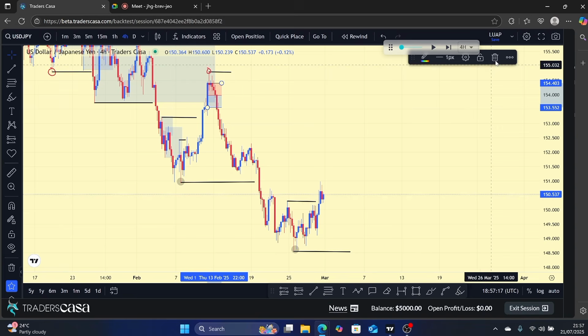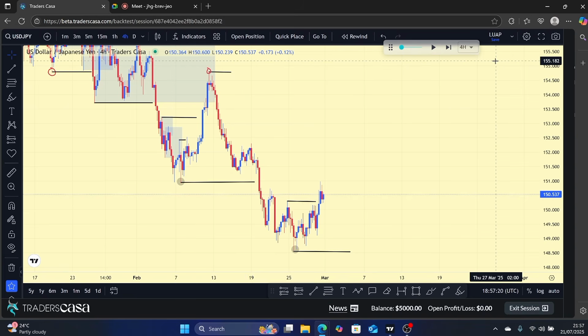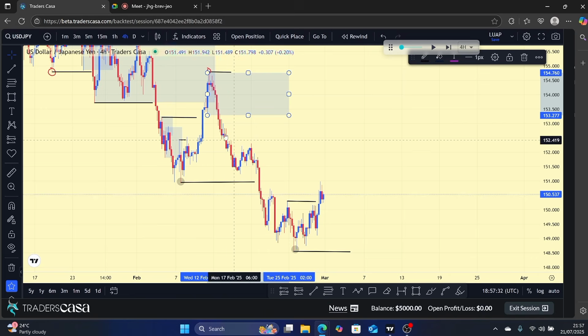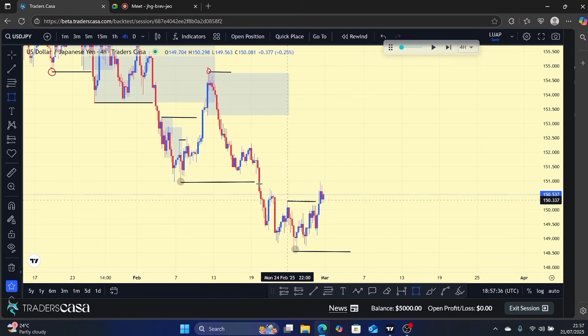And we said we start with the order flows when marking the POIs. Right here we can clearly see that this one here is the order flow, the extreme order flow, of course. And coming down, I can clearly see another one here, because there is no other valid pullback except this one, which is already mitigated.